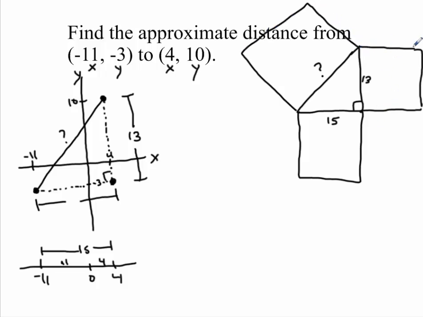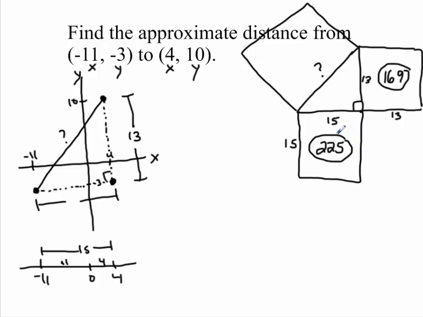Since this is a square and this side is 13, then I know this has to be 13 also. The area of the square would be 169, length times width. Same thing here. Since I created a square where one of the sides is 15, then this has to be 15. 15 times 15 is 225. That's the area of this square.